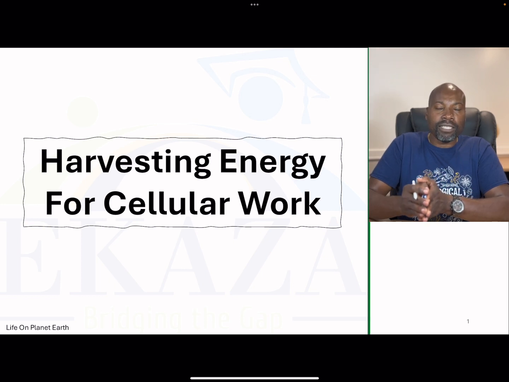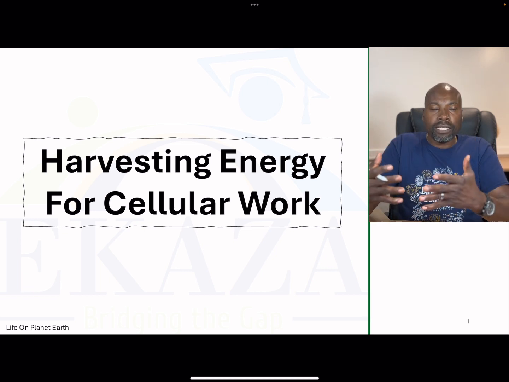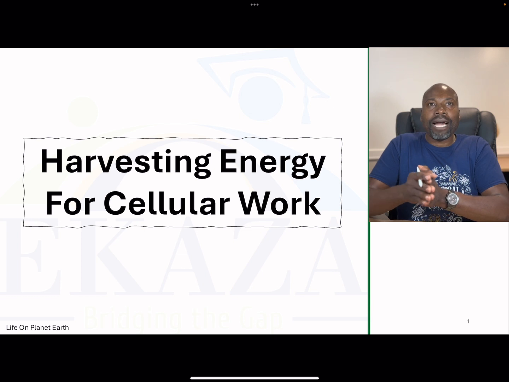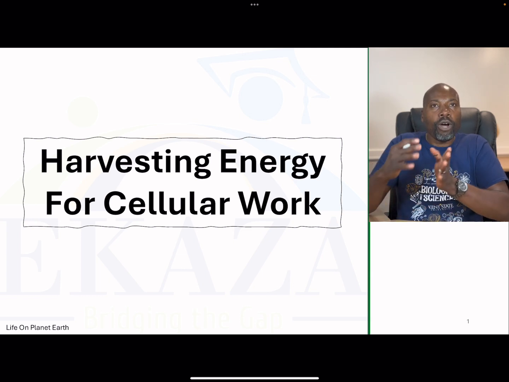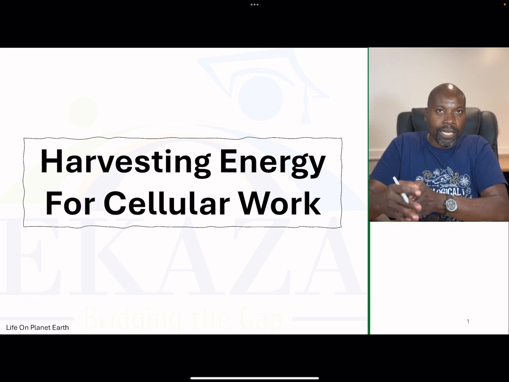That is the currency of energy in the cell, whether we want to fuel metabolic work, mechanical work such as moving up and down, talking, right? Whether we talk about transport, right? All this work requires energy in the form of ATP.